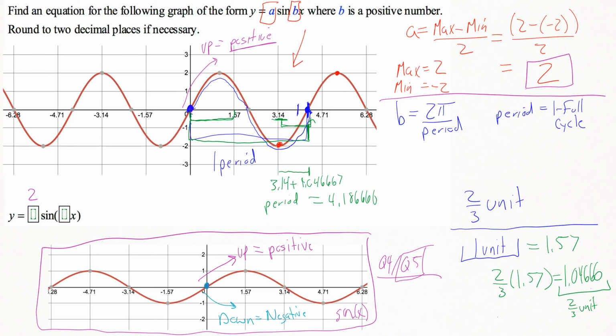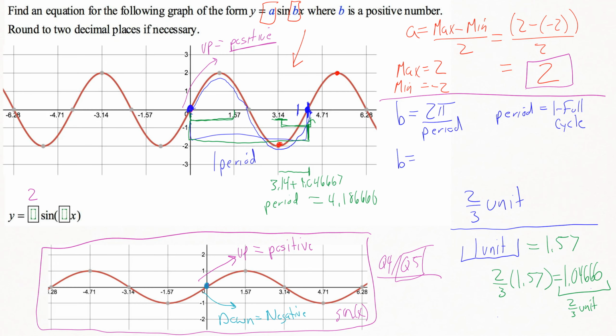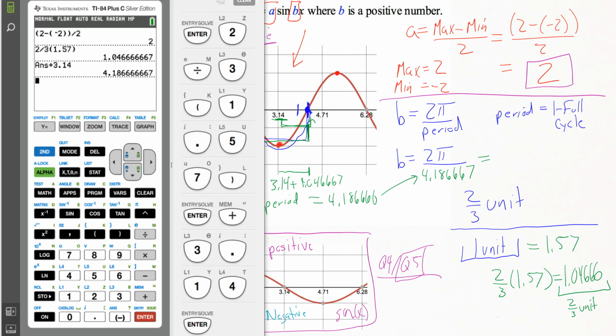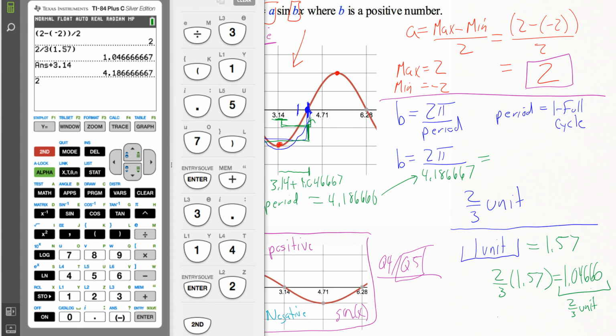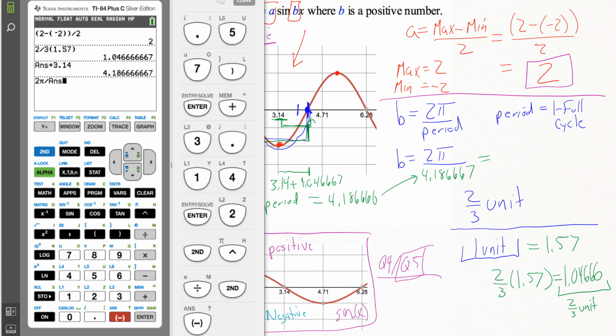What we now need to do is go back to our equation and enter in what we just found out. So our b would equal 2 pi divided by the period we just got, 4.186667. You take your calculator back out and type in 2 pi and then divide it by the answer on the line above, so you hit second and then the answer button, which is in blue above the negative sign down below, and hit enter.